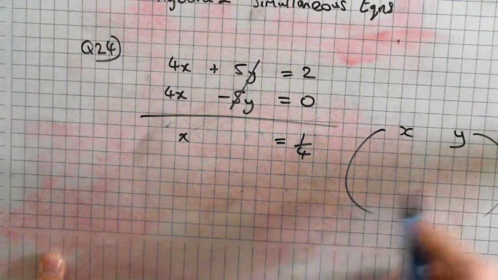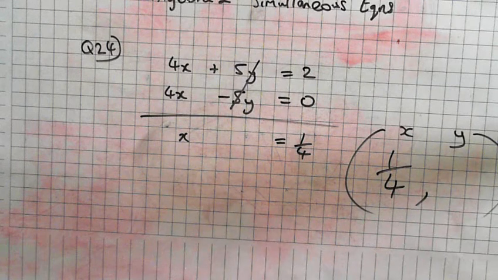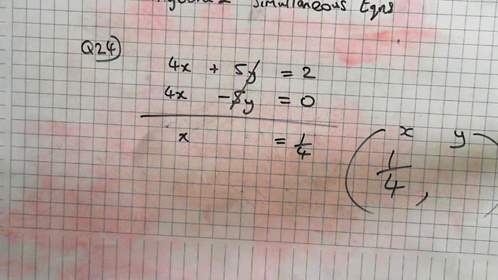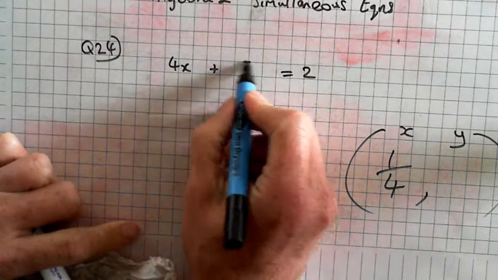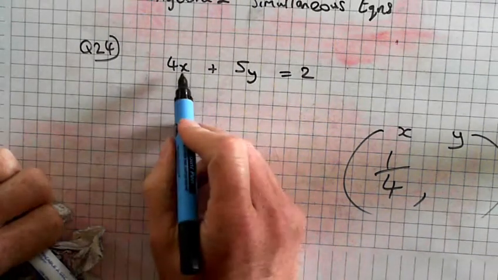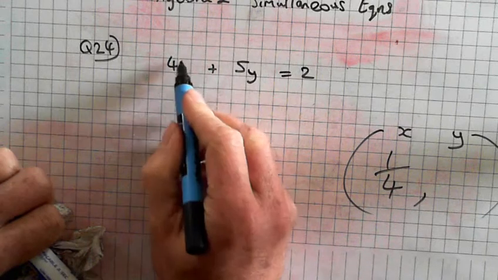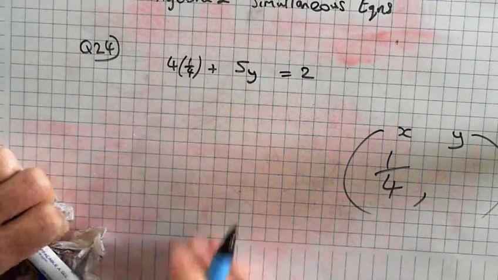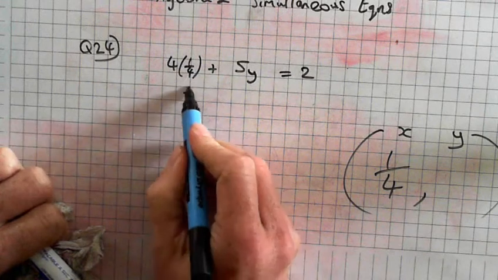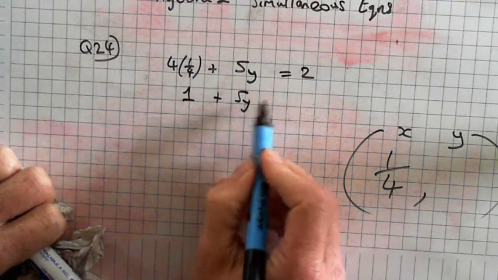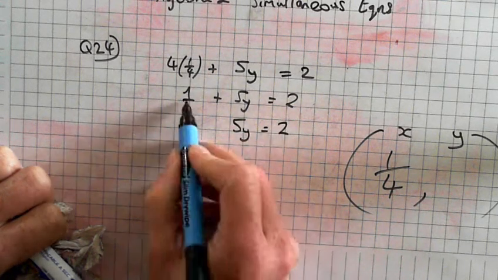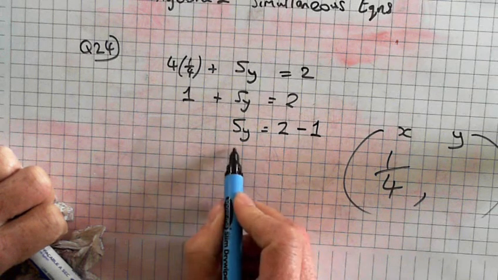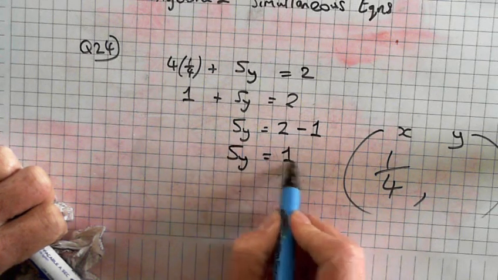Remember, it doesn't matter if you get the x or y first. We got the x first. It's a quarter. Now we need to get the y by choosing which equation do you want to work with? Top. Well, we'll just use the top one this time. So we fill in x is equal to a quarter, so replace in brackets a quarter. 4 quarters is 1. 5y is equal to 2, becomes minus 1. 5y is equal to 1.